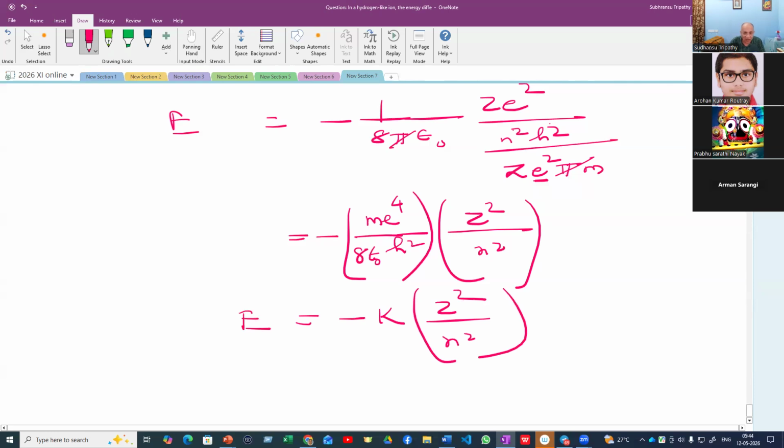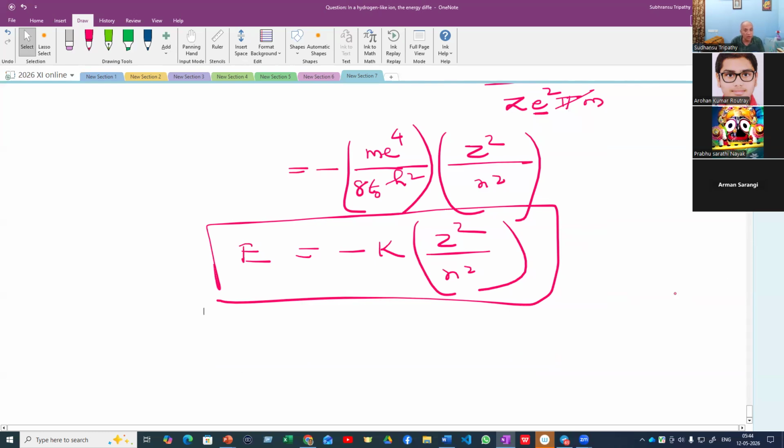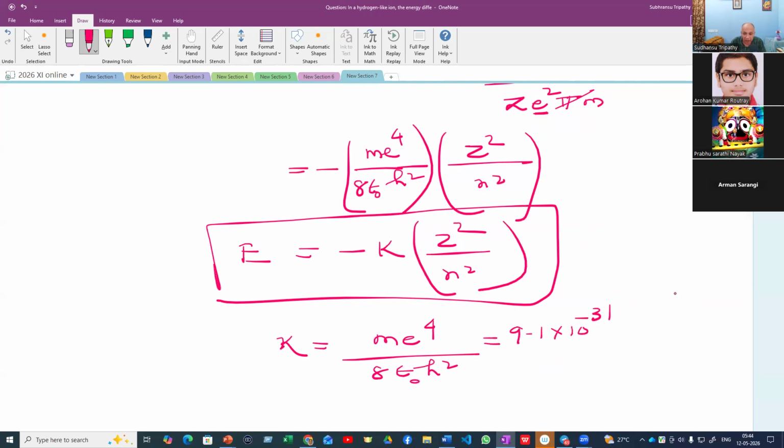Now you should know this equation and the value of k, because in competitive tests like JEE and NEET you will definitely get questions involving this k. So k, the constant, is m e to the power 4 by 8 epsilon naught h square. Put the values: 9.1 into 10 to the power minus 31 kg.